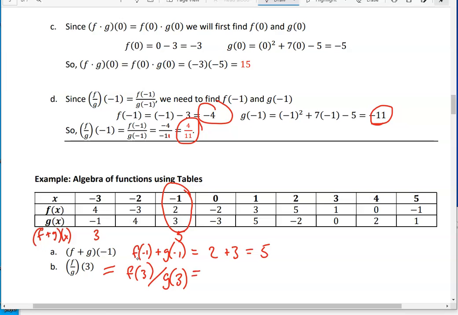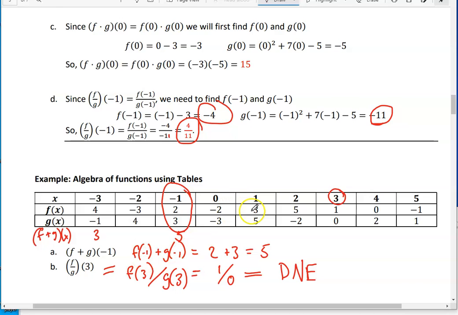Well, f of 3 is, here where we have x equals 3, f of 3 is 1. G of 3 is, we got a problem. F of 3 is 1, g of 3 is 0. What's that become? Not infinity. Does not exist. Anytime with a 0 at the bottom, we got a problem. And there it is. G, let's just verify, when x is 3, g is 0. Yeah, we got a real big problem there.